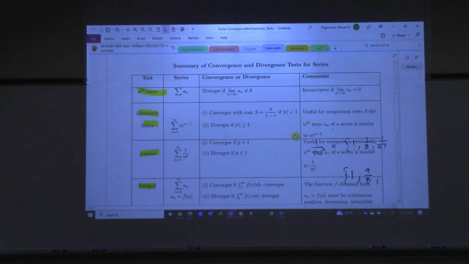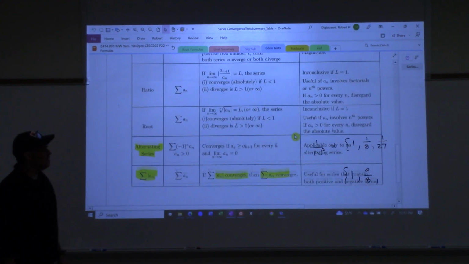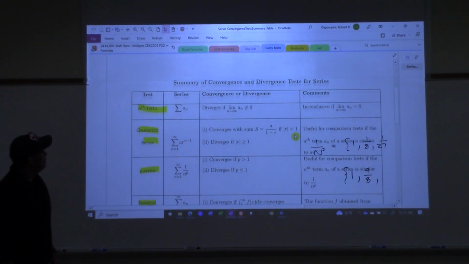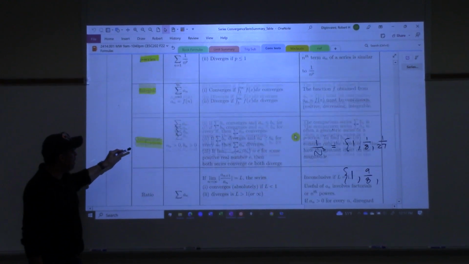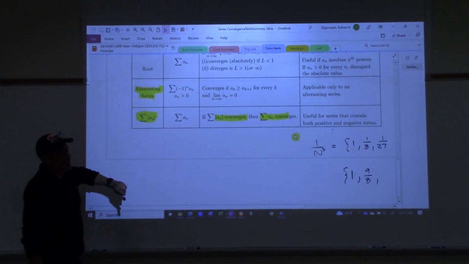Summary of the convergence and divergence tests for series. These are all the different tests that we need to know how to implement. We have the n-term test, the geometric series, the p-series, the integral test, the comparison test, the ratio test, the root test, the alternating series test, and the absolute convergence test.